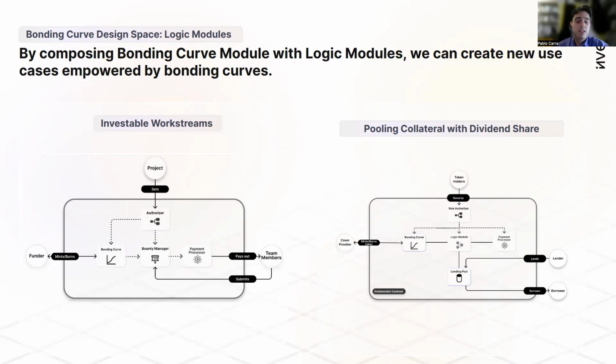By making the accounting of the collateral a virtual variable, it allows us to take the funds out and use them for something else. In this case, a bounty manager that helps spend the funds on the research, where the bonding curve research group can create bounties and have people claim them, and in that way perform actual work while still giving the donors a proof of their contribution in the form of the bonding curve tokens.